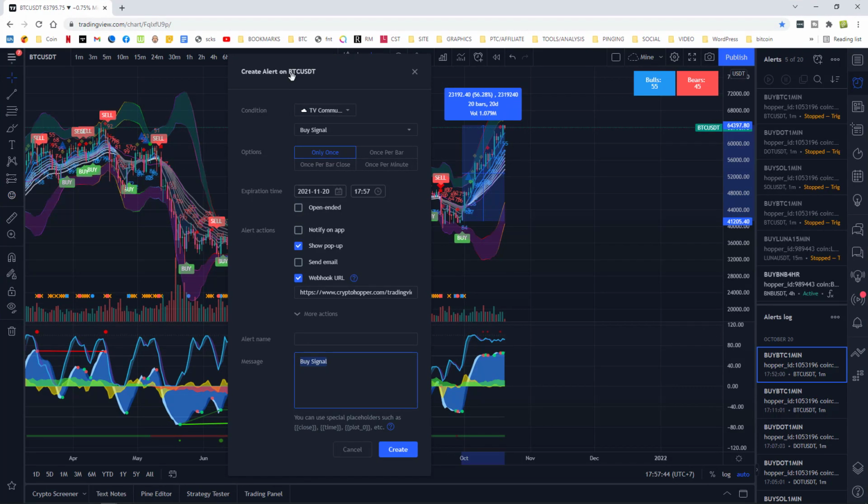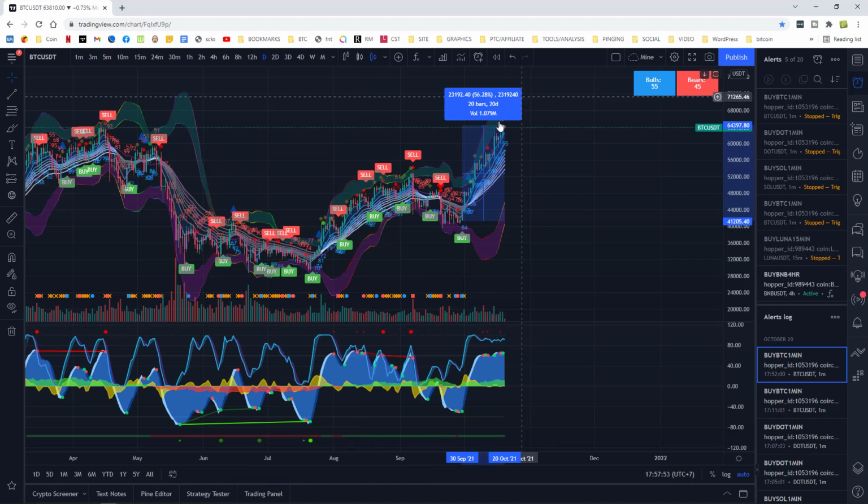It would say BTC USDT 1 day here. And obviously, if you were to do that right now, you might have to wait quite a long time for the next one. You might have to wait weeks for the next one. We don't know how high Bitcoin's going to go. We don't know how much it's going to dip and send one of these sell signals.